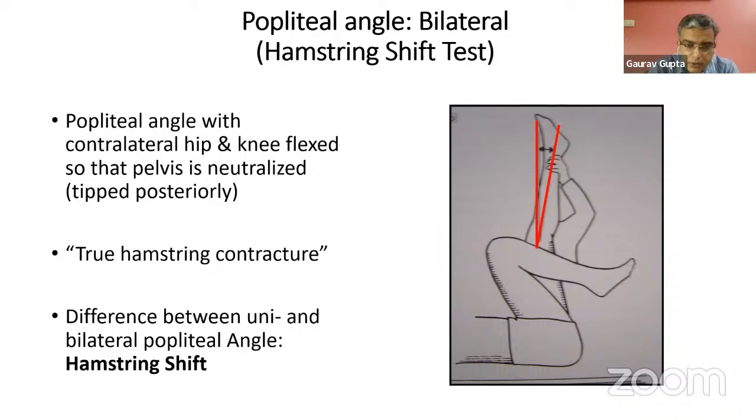Majority of times, you will see that this angle improves, and this tells us that this entire lag in the angle is not only from hamstrings, but it may be coming from weak abdominal muscles or some compensation from the spine as well. So this is known as true hamstring contracture. And the difference between unilateral and bilateral popliteal angle is known as hamstring shift.